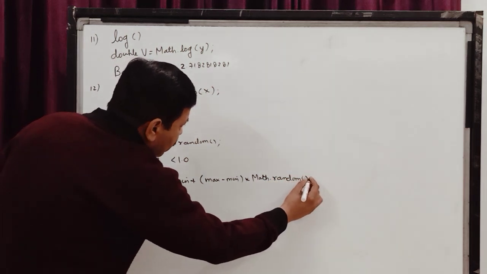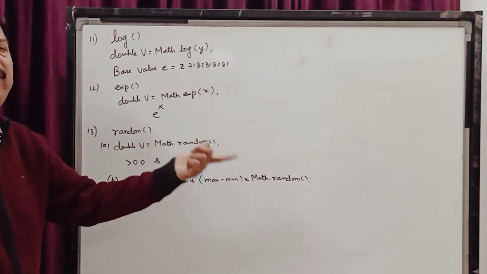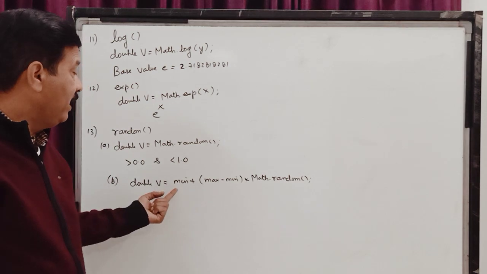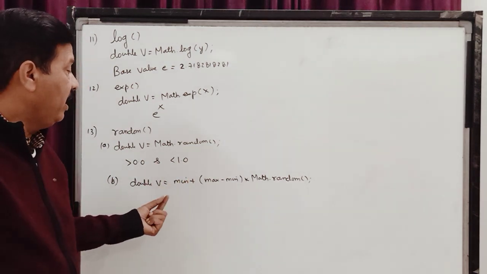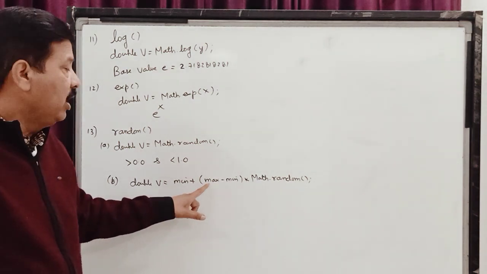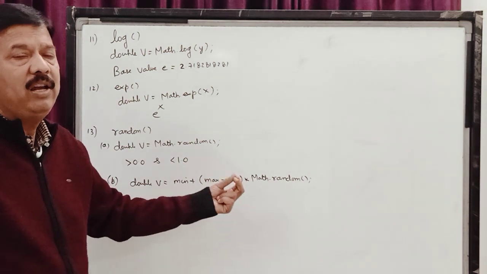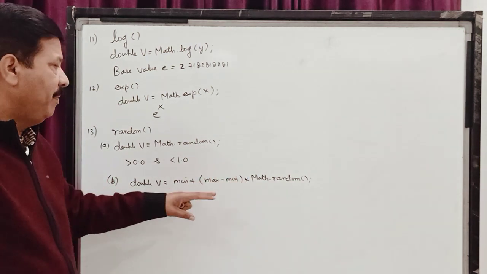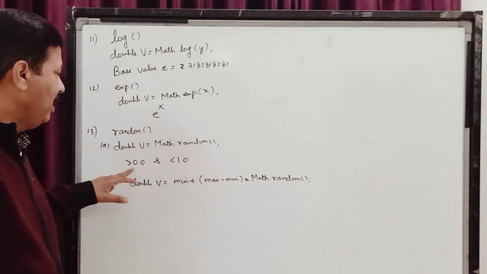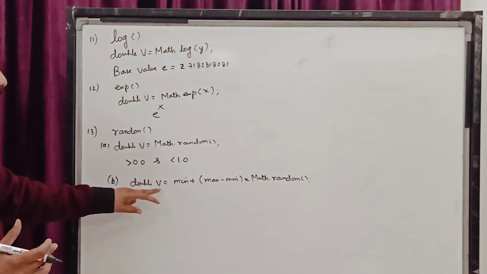If I use this formula, where minimum and maximum are two values, say 10 and 50, I want to find out a value between 10 and 50, so 10 is minimum and maximum is 50. The function I have used is math.random, and this math.random is returning me a value between 0 and 1. So children, this function is going to return me a double value.